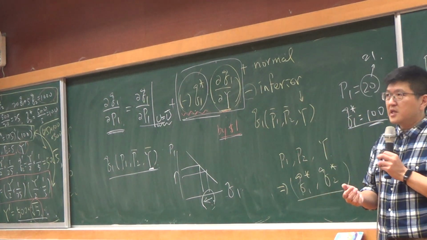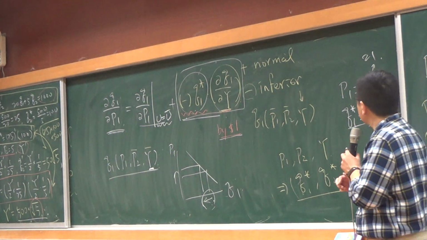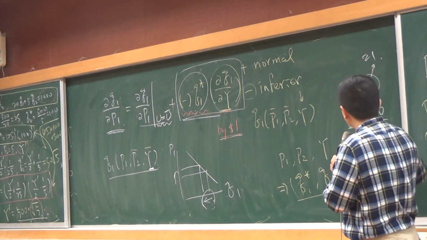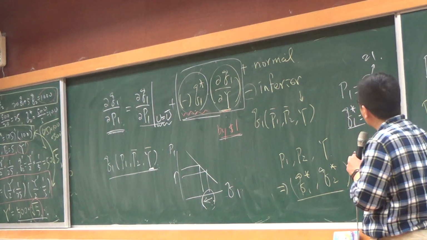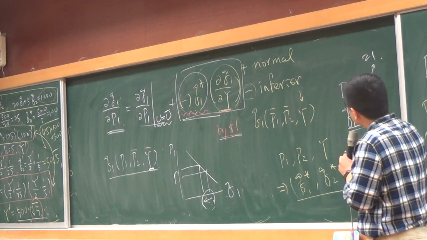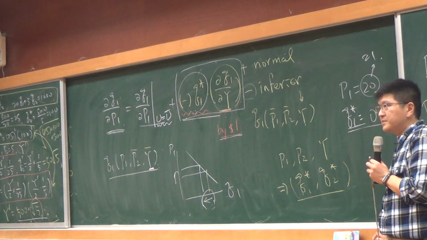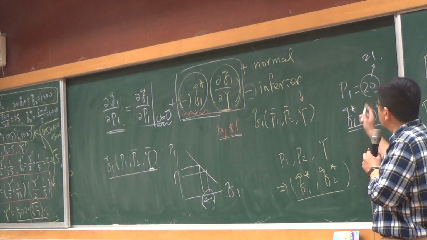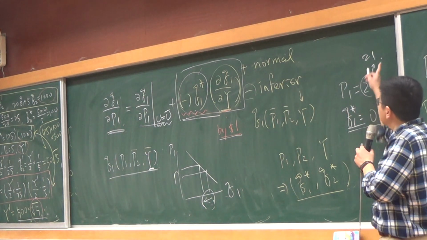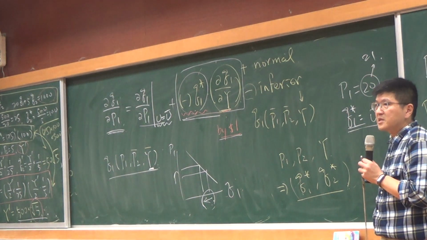Let me give you an extreme example. Say I'm someone who doesn't like ice cream at all, so I consume zero ice cream. I don't eat ice cream at all. How do you think the price change would affect me?